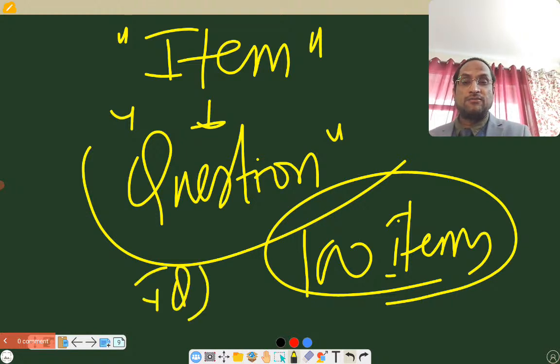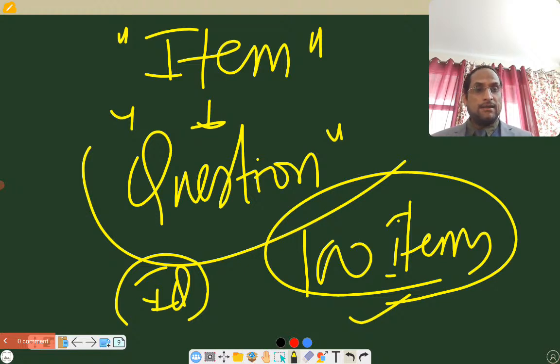If you are checking IQ, there may be certain questions which are not exactly evaluating the IQ. So then the internal consistency will suffer. But overall, if you look at all the items, then it should be evaluating your performance in the same manner as the whole test will do.